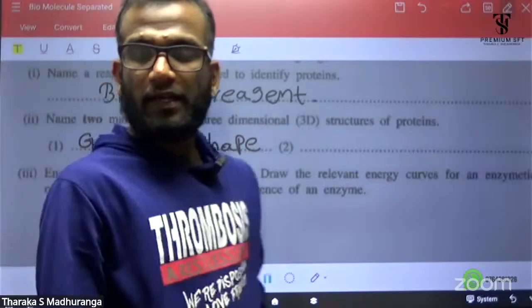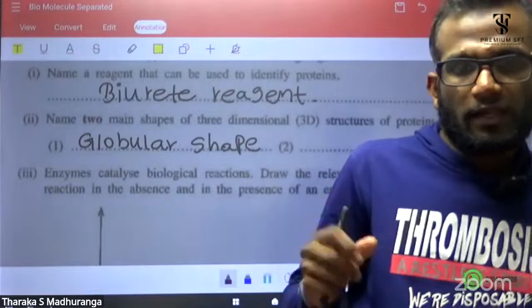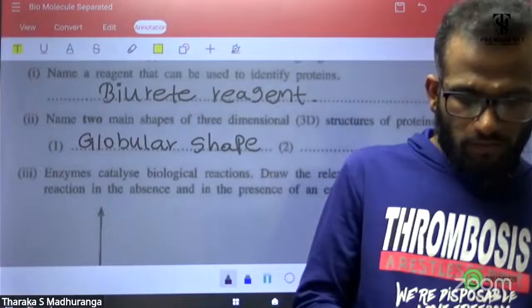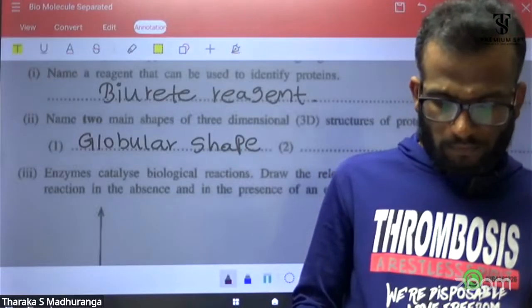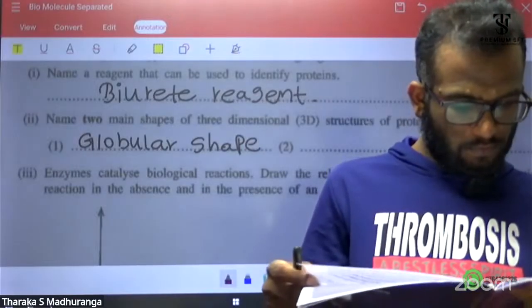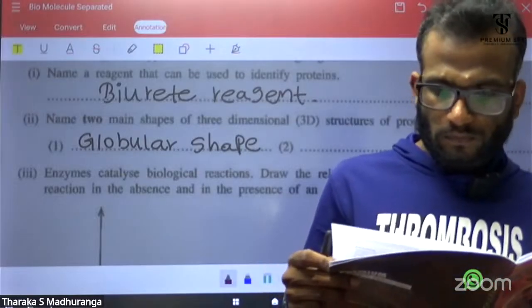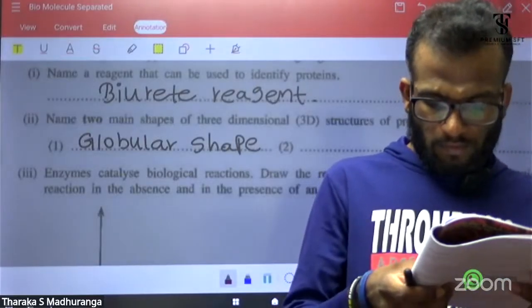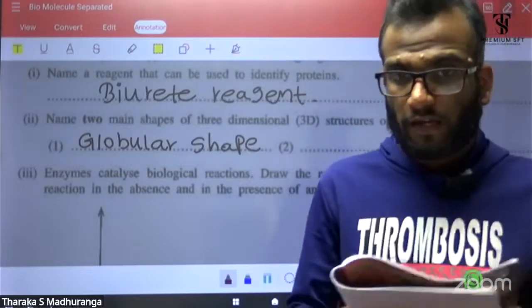No, helical belongs to the secondary structure. Helix and pleated sheet mean secondary structure.